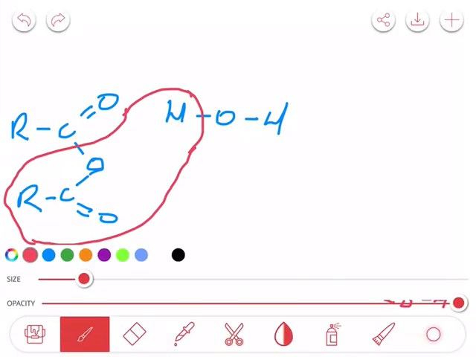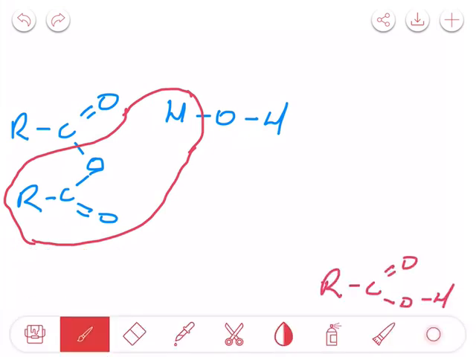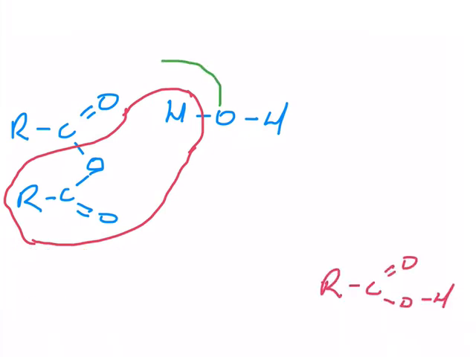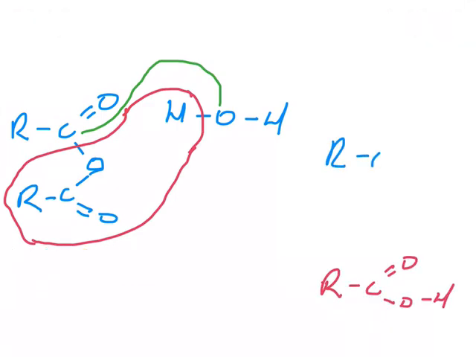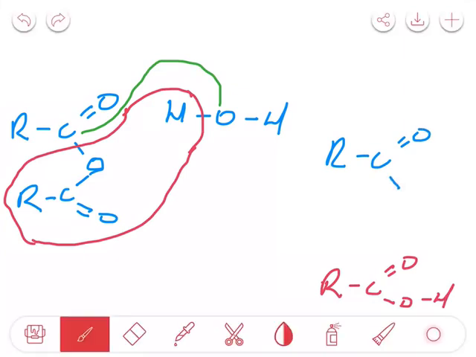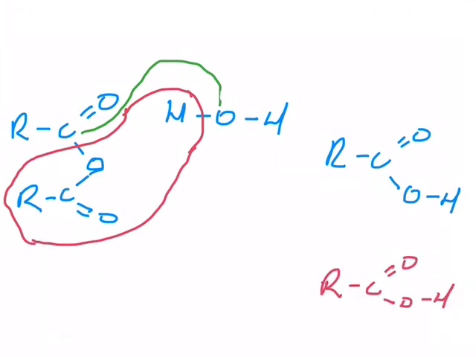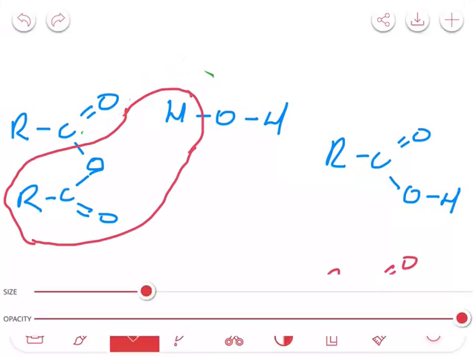So I get a carboxylic acid, and then, of course, this oxygen here joins onto that carbonyl there, which gives me another, in this case anyway, carboxylic acid. Okay, so that's the reaction with water.